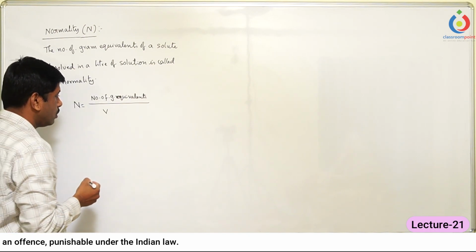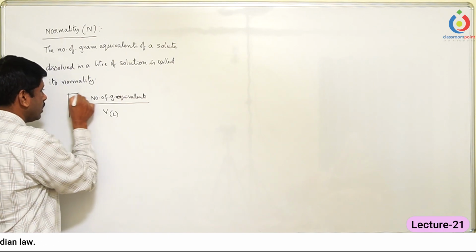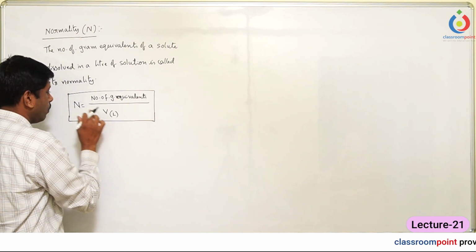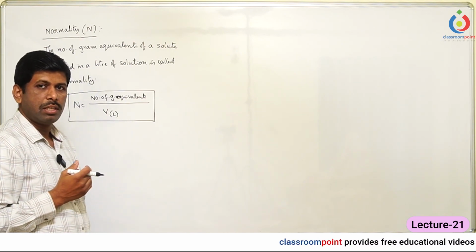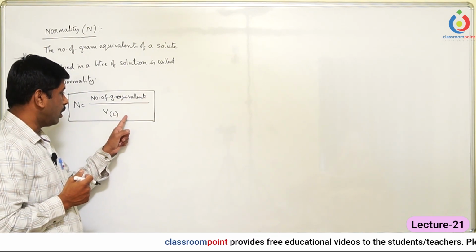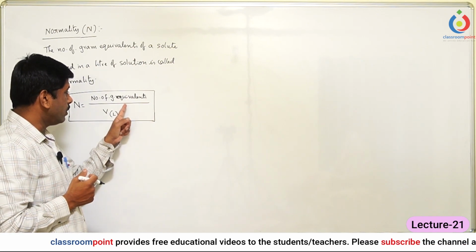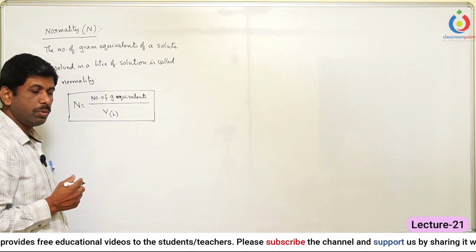Liter means volume, so the volume of the solution in liters. This is what is called the normality formula. Here the volume term is involved, so this concentration term depends on the temperature. When temperature increases, the volume of the solution also increases. As the volume of the solution increases, normality decreases because these are inversely related to each other.